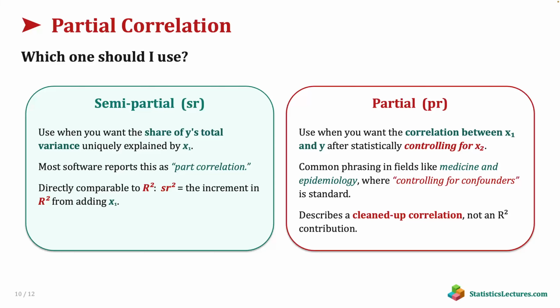It is the natural companion to r squared. Reach for partial when you want to describe the correlation between x1 and y after statistically controlling for x2. That language, controlling for x2, is really common in things like medicine, where researchers talk about adjusting for confounding variables. These are both useful, they just emphasize different sides of the same picture.